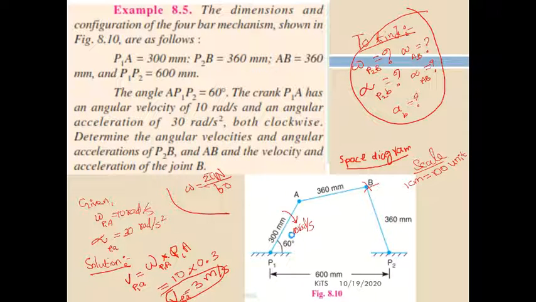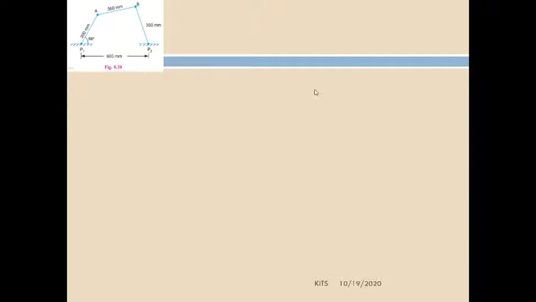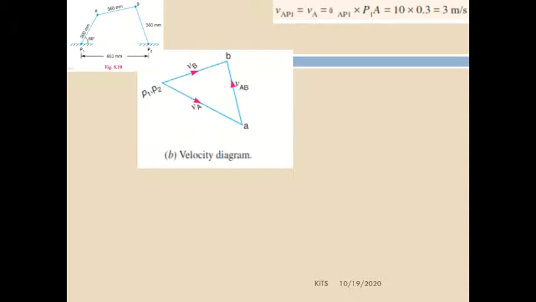Velocity of P1A is 3 meter per second. So draw a 3 centimeter line that should be perpendicular to P1A, in the downward direction.